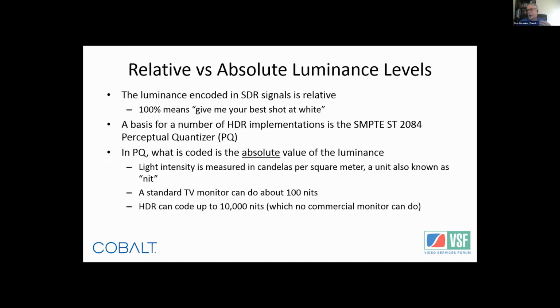And the light intensity is measured in candelas per square meter, which is also called a nit. A standard TV monitor can do about 100 nits, and HDR can code up to 10,000 nits, which no commercial monitor can do. Although people have demonstrated monitors with 10,000 nits. I don't know if you can buy one today, but they have been demonstrated.